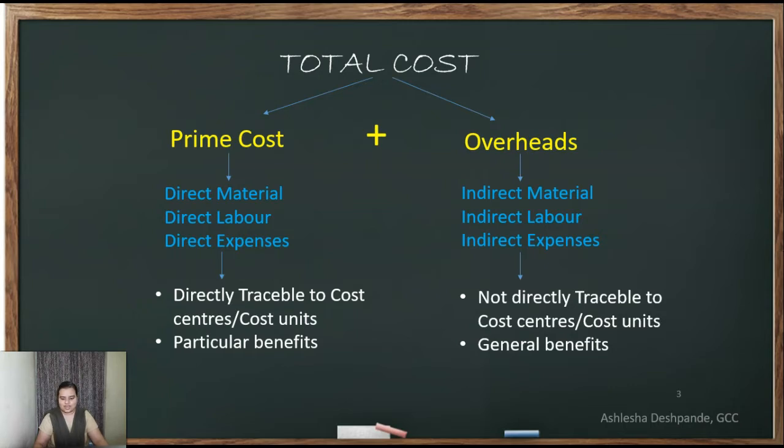These expenses are indirect because they are not directly traceable to particular cost centers or cost units, and they have general benefits. For example, the oils or lubricants that are used in production processes, they are shared by everyone, right? Every machine, same lubricants or same oils might be used, and as a result of that, their costs are also shared because their benefits are shared.